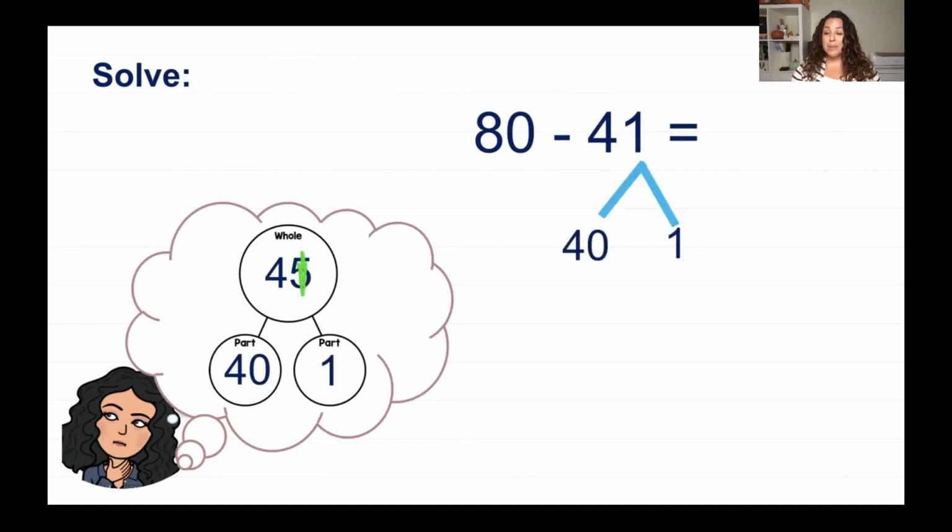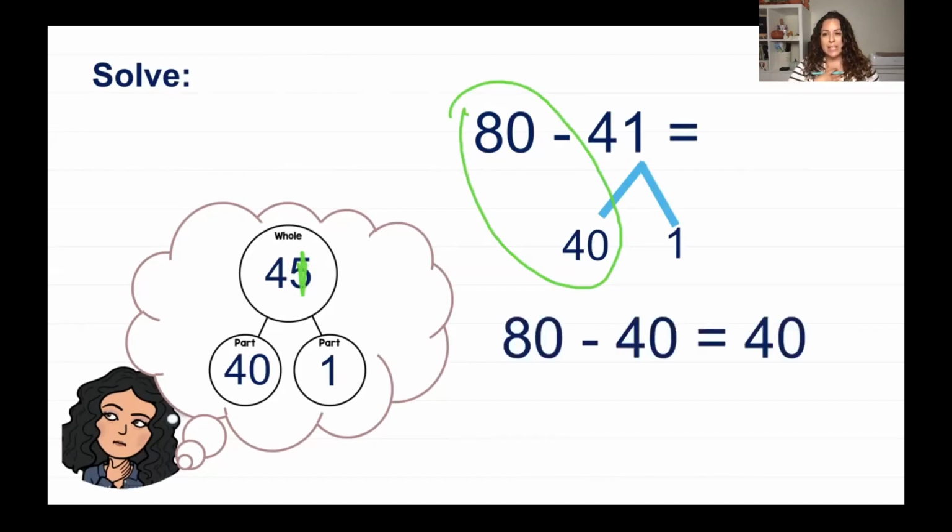So remember, I'm going to subtract my like units now. I'm not adding, I'm subtracting. And remember, my like units are right here. 80 take away 40. So what's 80 take away 40? Well, I know that 8 take away 4 is 4, so 80 take away 40 equals 40. And then what's left?